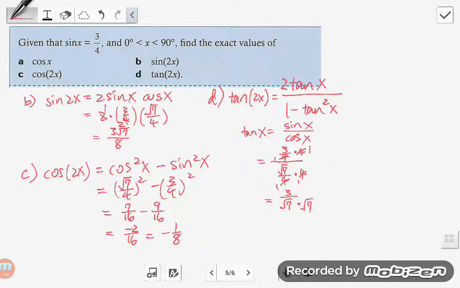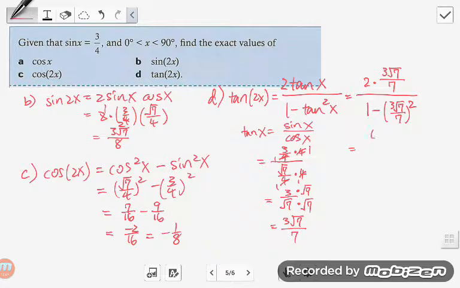Rationalize my denominator. I'll get 3 root 7 over 7. So that's my tangent x. Okay? So now I can put this in. My tangent 2x becomes 2 multiplied by 3 root 7 over 7, the whole thing divided by 1 minus 3 root 7 over 7 squared.